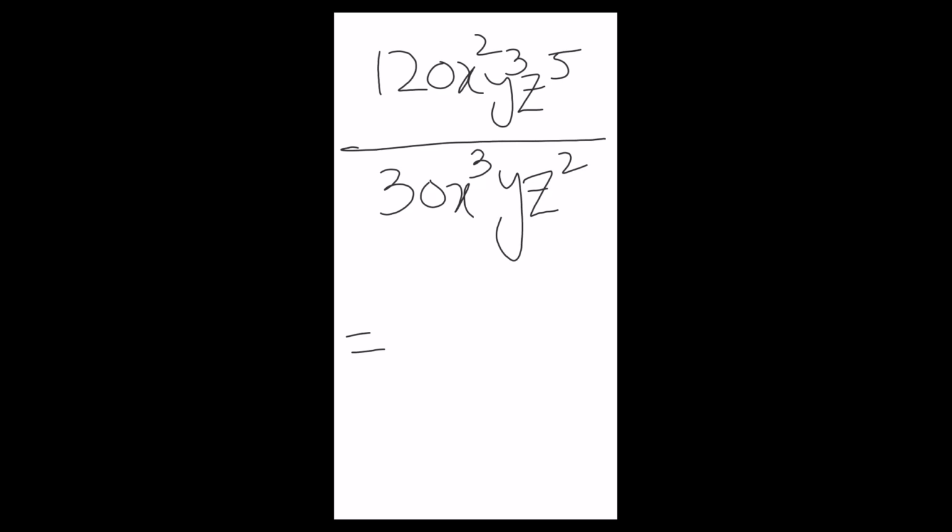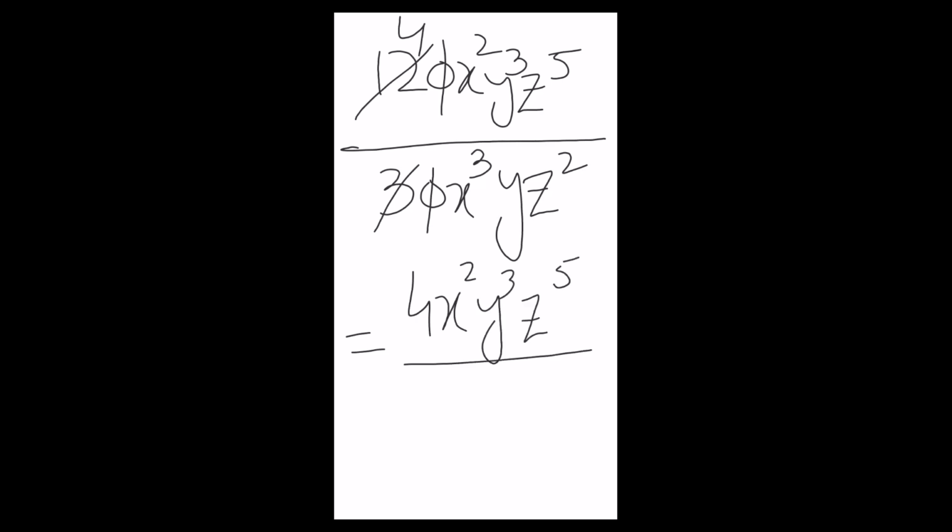We are just about to solve the constant, which is 120 and 30. So zero gets cancelled with zero, and then we're gonna get 3 and 4. Okay, so 3, and we got 4. So similarly, now we're gonna write 4x squared y cubed and z to the 5, divided by x cubed y and z squared. Now it's pretty easy for us to get simplified.